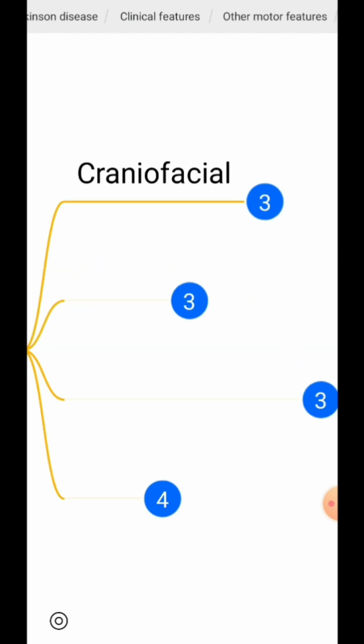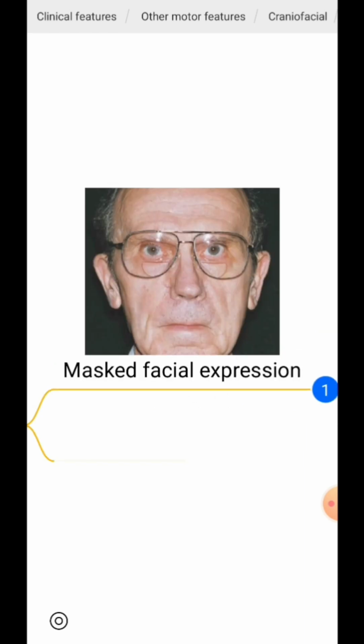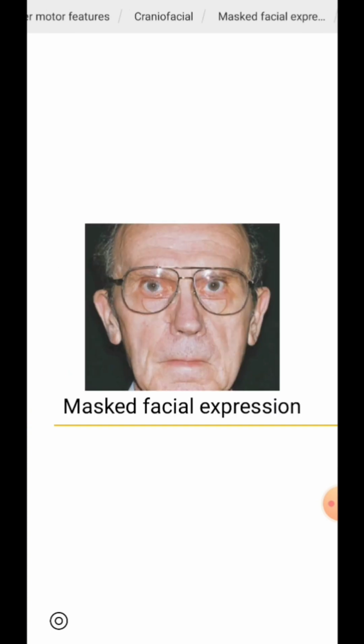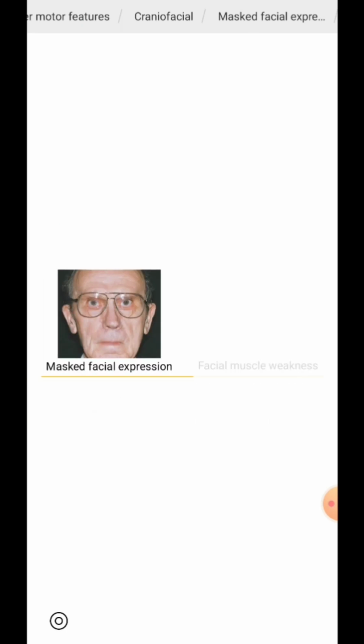So there can be craniofacial features. What are the craniofacial features? The patient may have a masked facial expression, as shown in this picture. And at the same time, there can be facial muscle weakness as well.